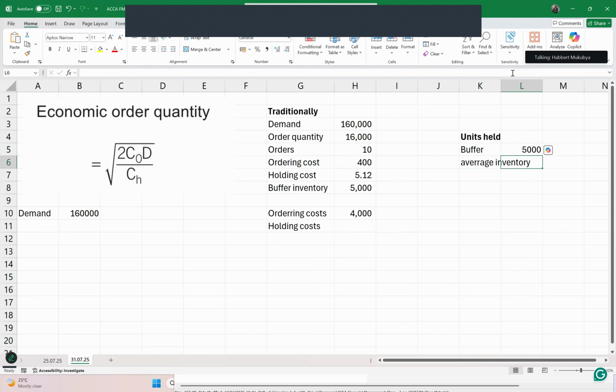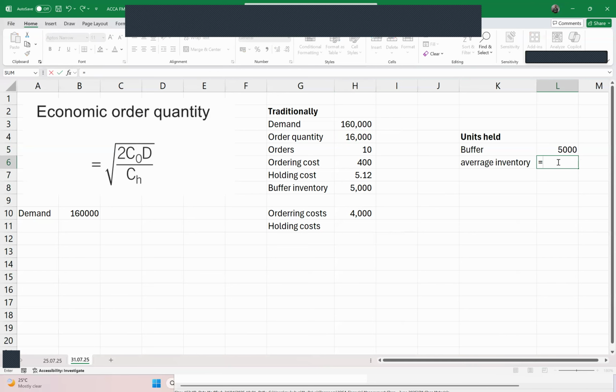And average inventory is basically that you order 16,000. So you order 16,000, then they run out, then you order again. So at some point you have 16,000, at some point you have 0. So basically it's the average of 16,000 plus 0 divided by 2, or rather 16,000 divided by 2. That's the average inventory, which means that at any one point, on average, you have about 13,000 units.